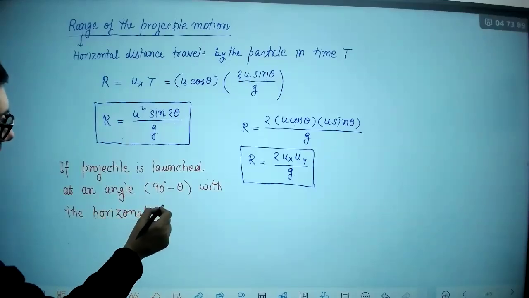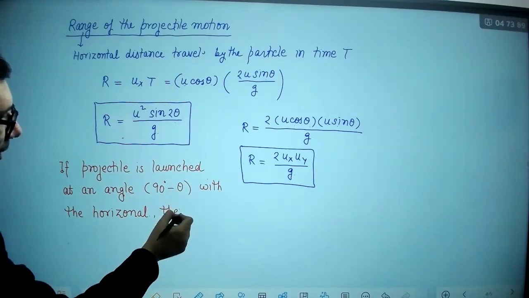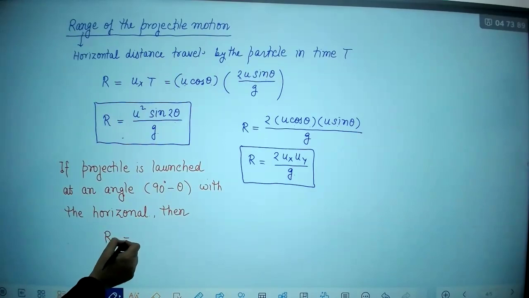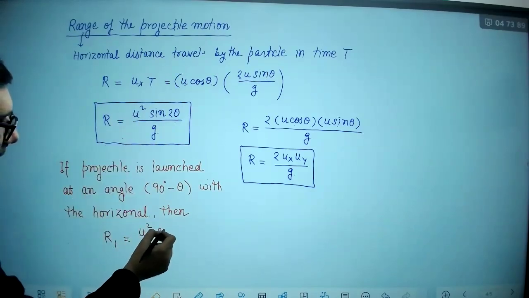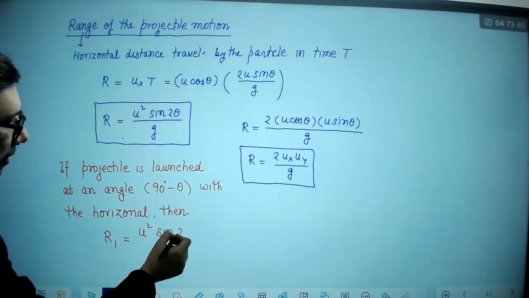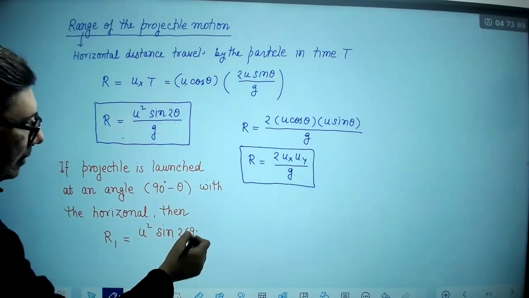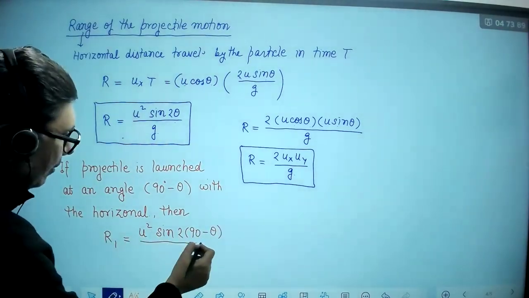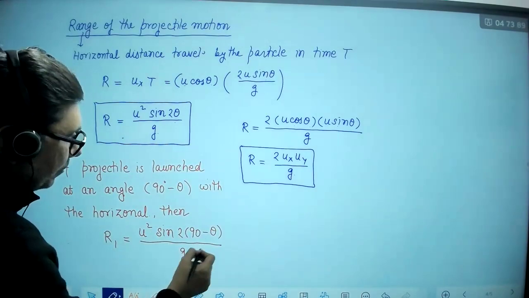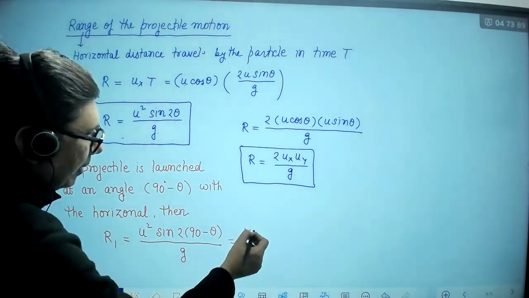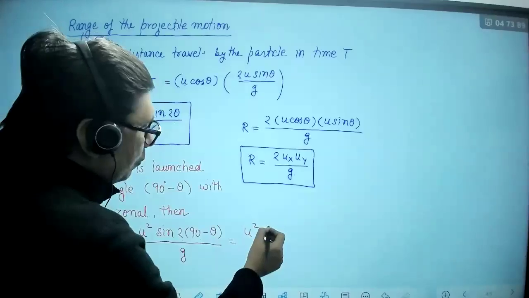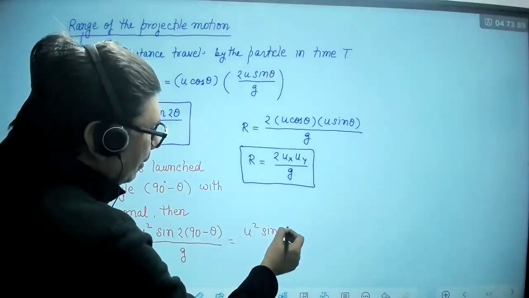Then what will be the range? I am writing it as R1. What will be the range? That will be u square sine 2 times 90 minus theta upon g. So this will be u square, this is 180 minus 2 theta, so this will be u square sine 2 theta upon g.